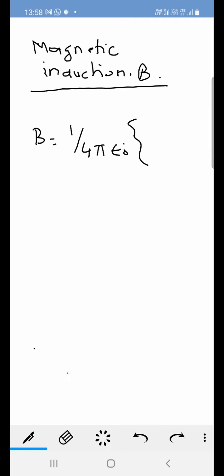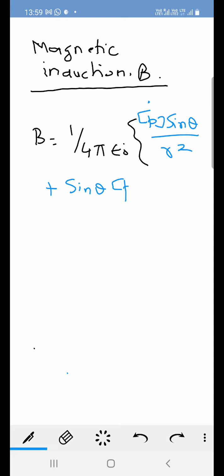One is p dot sine theta by r square, and another term is sine theta p double dot by r.